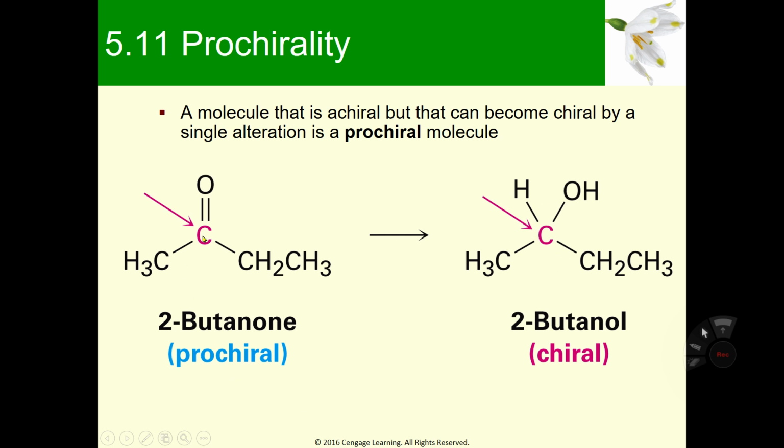But depending on where this hydrogen comes from, the top side or the bottom side, it will produce a different isomer. Even though this carbonyl is not chiral, if the double bond is converted into a single bond, then it will generate chirality. Therefore, we call this carbonyl carbon a prochiral center.